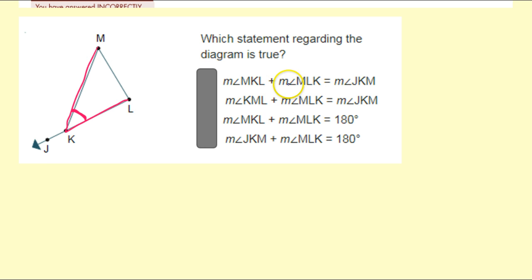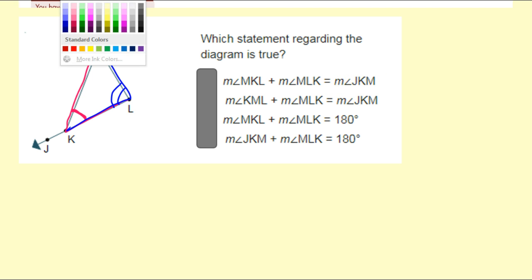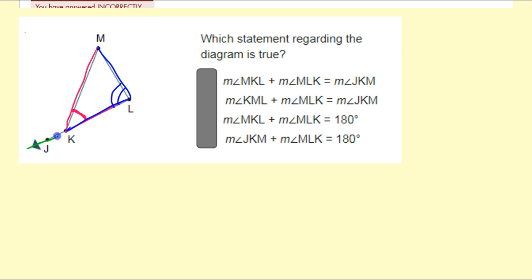Plus angle MLK. So that's this angle right here. Will those two angles add up to angle JKM? Okay, angle JKM. So that's this angle right here.